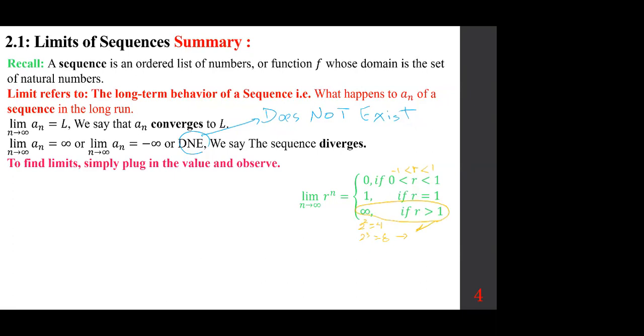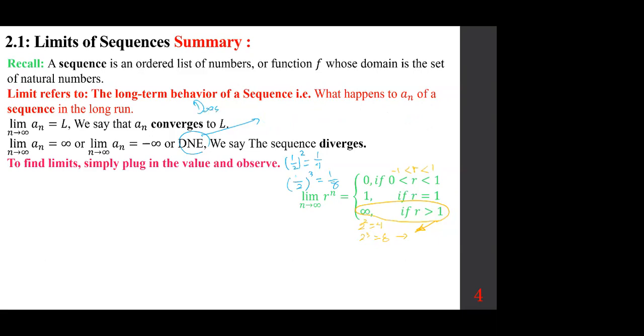On the other hand, if it's between -1 and 1, for example, let's go with 1/2 and raise it to the power of 2. It becomes 1/4, and 1/4 is smaller than 1/2. 1/2 to the power of 3 is even smaller, 1/8. And so that's the idea behind this theorem. So let me just write this.